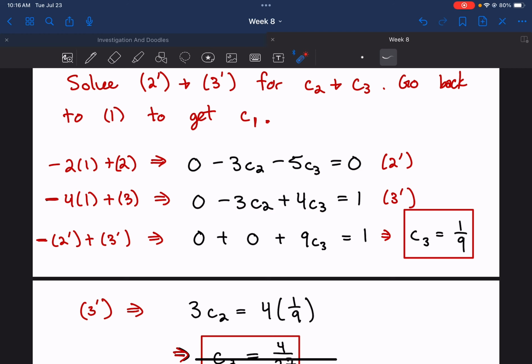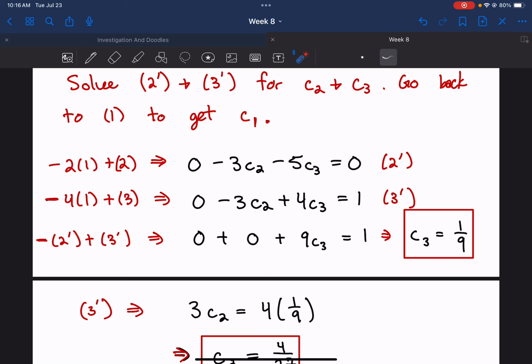And now I'm left with this pair of equations, 2' and 3', a system of 2 equations and 2 unknowns. I'm going to eliminate c2, it looks like. Multiply the first equation by negative 1 to cancel out the c2s. Negative 2' plus 3' gives me 9c3 equals 1. So c3 equals 1/9. Great.